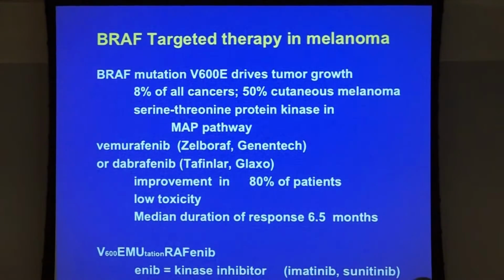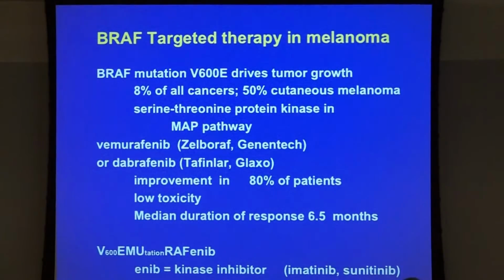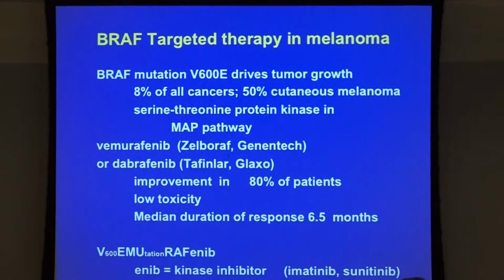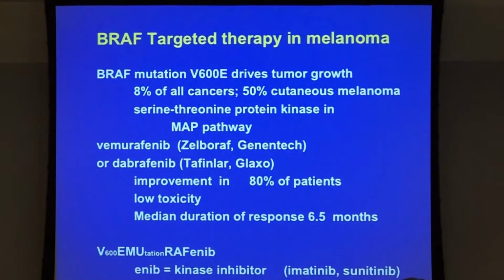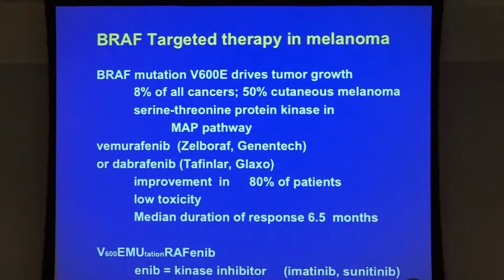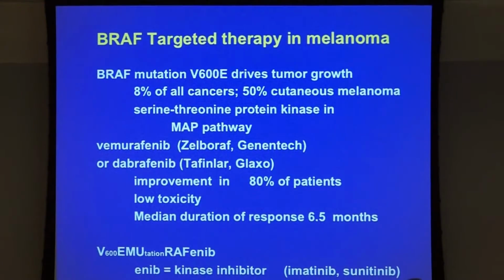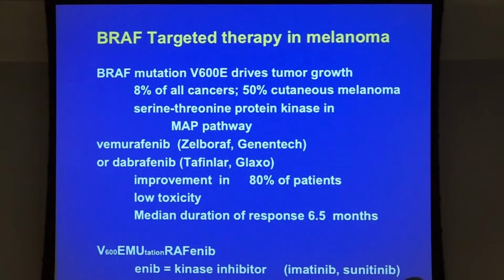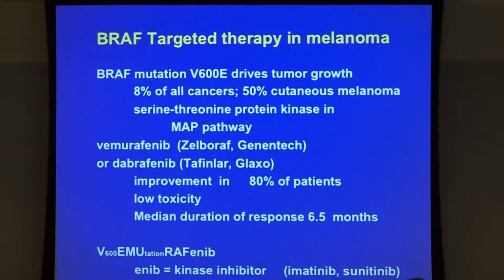Unlike chemotherapy, which attacks all sorts of proteins and DNA in your cells, these pills, by and large, just affect that mutant enzyme, which is different from any normal enzyme in your body or anybody else's body. So what we see is very remarkable.